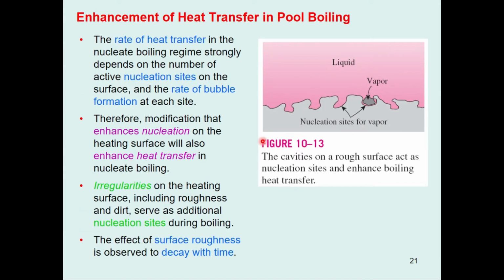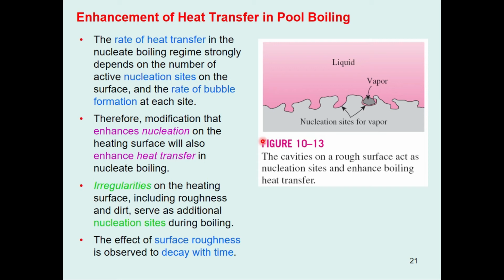The next topic is the enhancement of heat transfer in pool boiling, right? We have studied extensively what pool boiling is and what the boiling regimes are. One of the regions is nucleate boiling. The rate of heat transfer can be increased by some phenomena, and in this topic we will see what phenomena we can incorporate to increase the heat transfer rate.